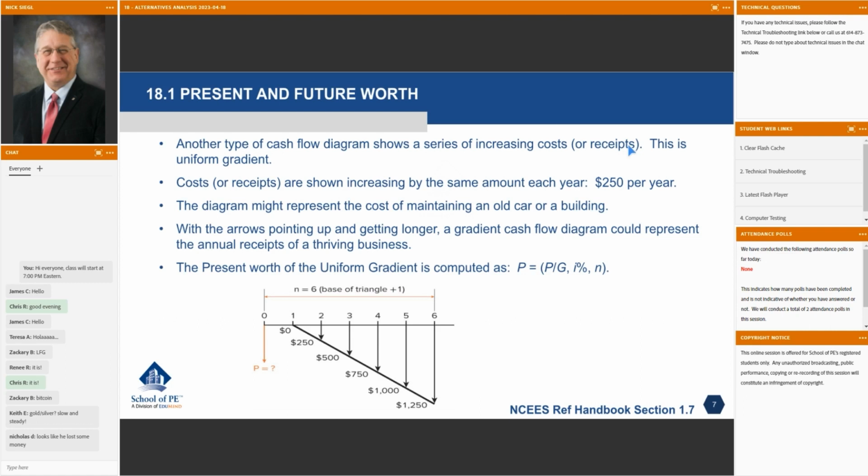And this is a uniform gradient. The reason that it's called uniform is because the same dollar amount of change occurs every year. And notice that the cost is increasing by $250 per year. It's not a percentage. It's a set dollar amount of increase.